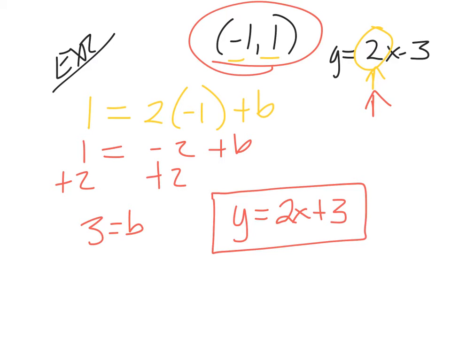That's it. You can always check your work if you want to and graph these 2 lines on a graph and see that they're parallel. It's up to you. Any questions on writing parallel line equations?